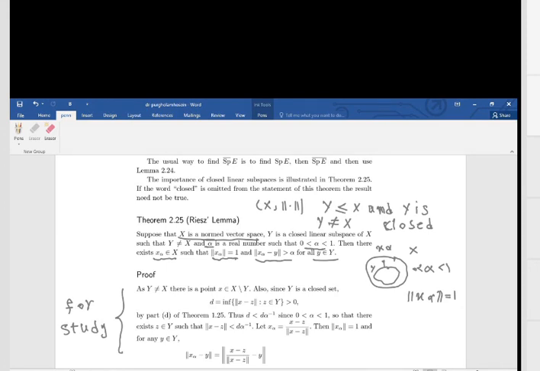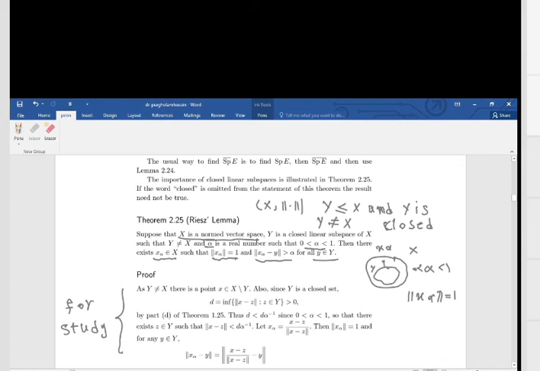If Y is not equal to 0 and alpha is a real number between 0 and 1, as you see, then there exists a member x alpha such that the norm of x alpha equals 1.